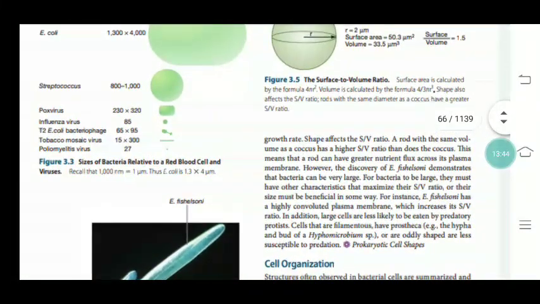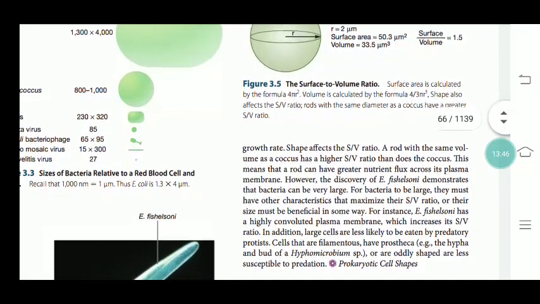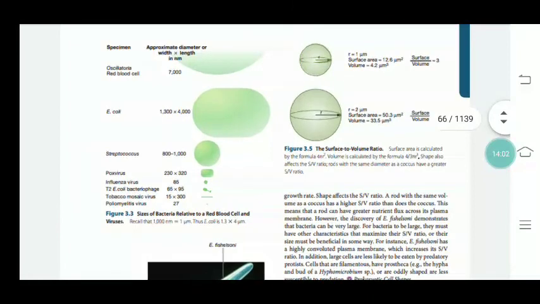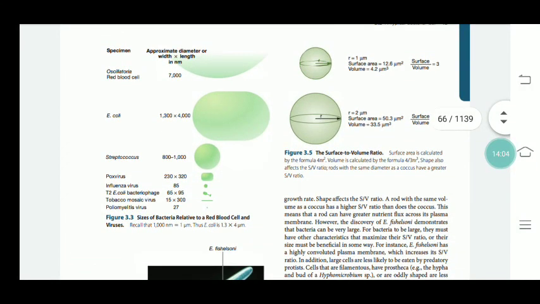Now, a rod with the same volume as a coccus has a higher surface to volume ratio than the coccus. This means that a rod can have greater nutrient flux across its plasma membrane. So you can see here the approximate diameter and the organism.